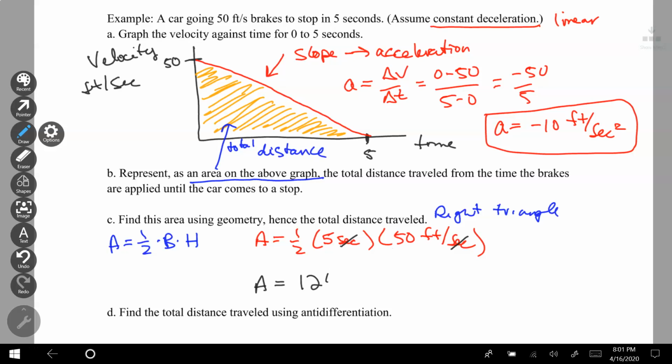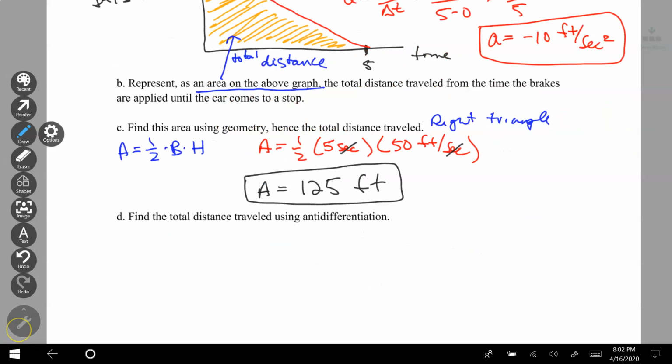Half of that is 125 feet. That is the total distance it took for it to stop, or that orange area there. That's using geometry. That's not using calculus. We're going to use calculus to solve this problem now.